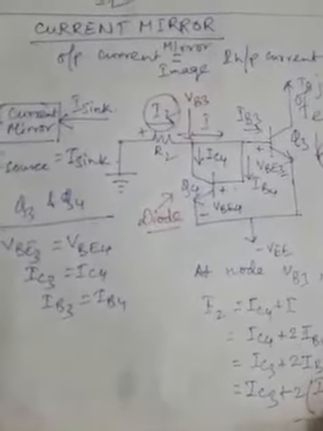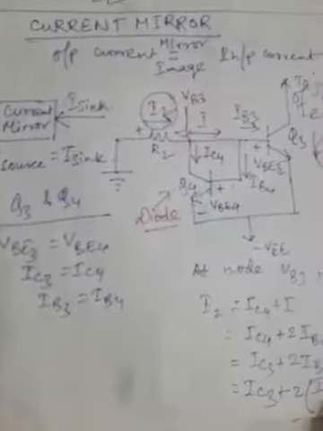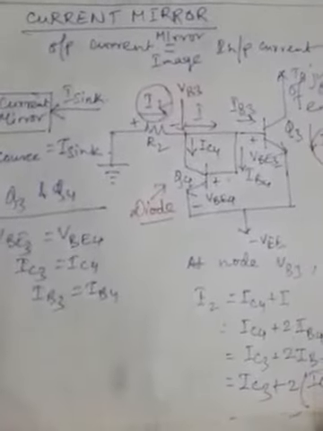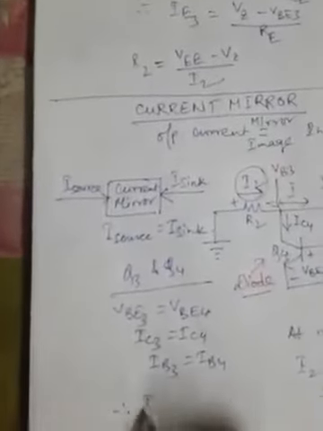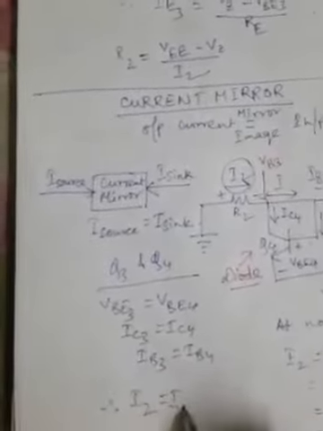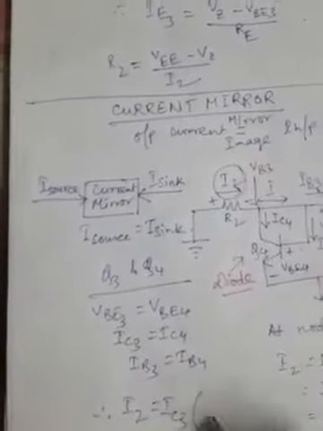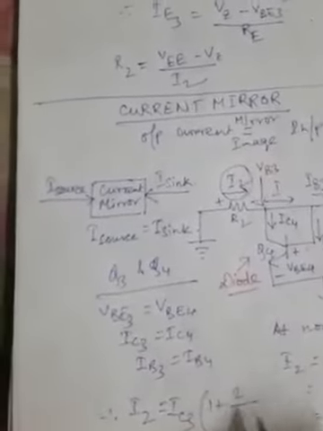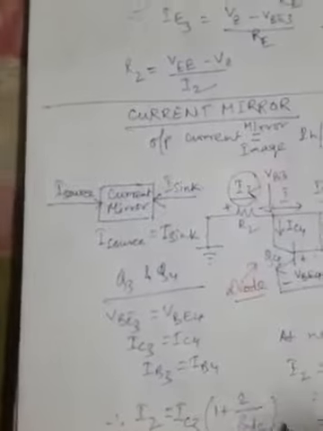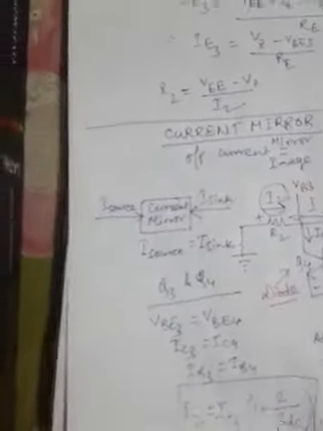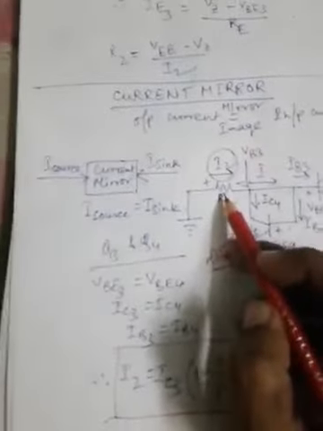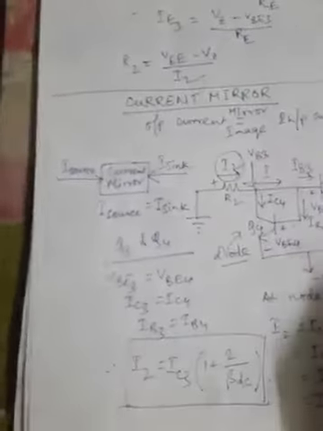It is IC3 divided by beta DC. Therefore from here we can write I2 is equal to IC3 taken common, 1 plus 2 by beta DC.